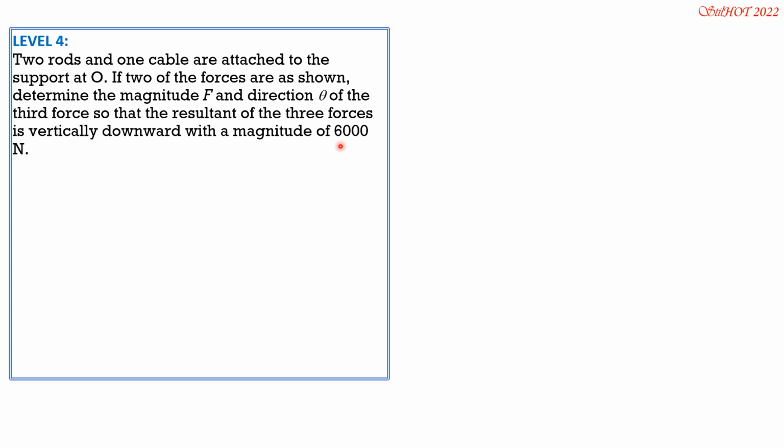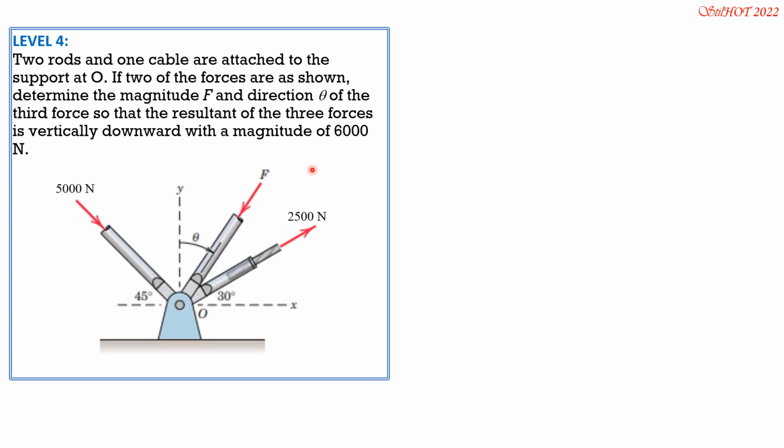In other words, R equals Ry equals negative 6,000. Since the resultant is downward, again, there's no x component of the resultant, so Rx is 0. So, equate all the sums of the x components to 0.